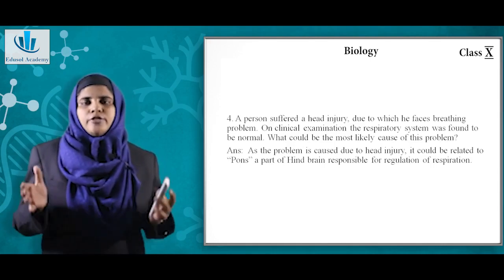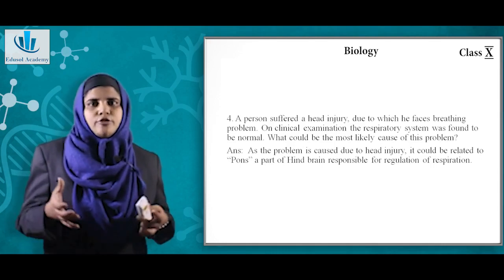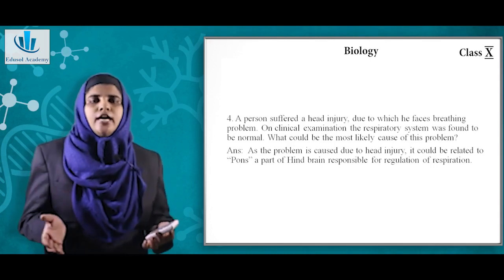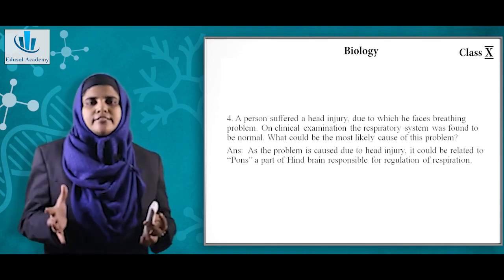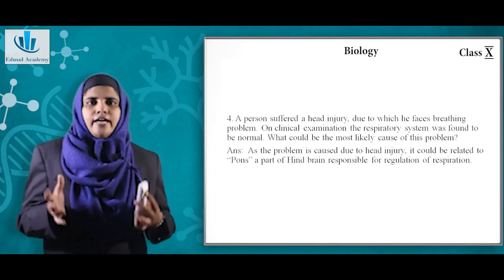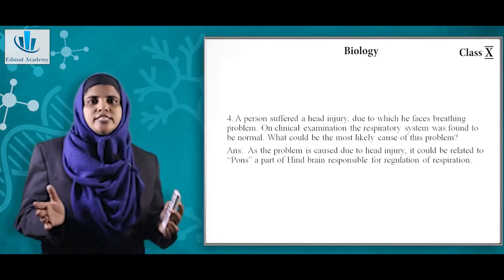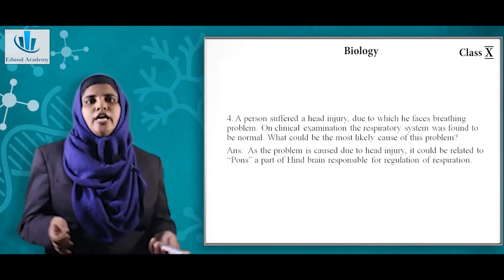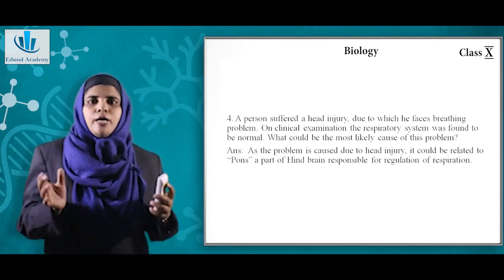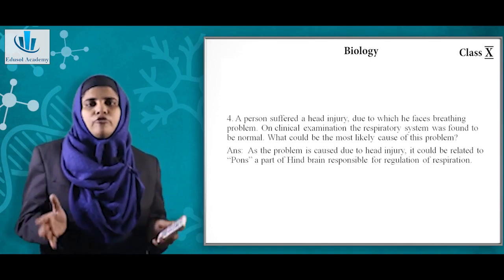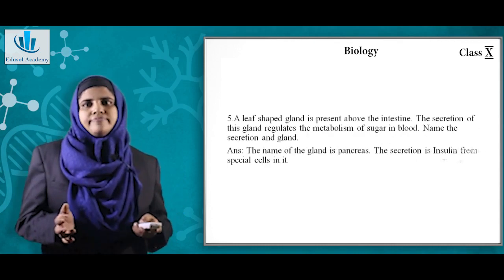So even though the respiratory system appears normal, because of the head injury, something must have happened to the pons region of the brain. So that could be the reason for this condition. As the problem is caused due to head injury, it could be related to pons, a part of the hindbrain responsible for the regulation of respiration.